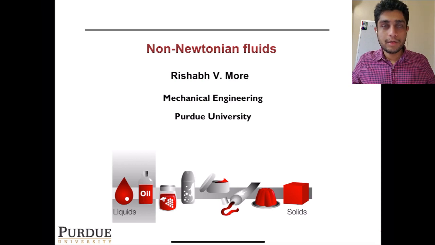But as soon as you apply enough stress on the tube, it comes out of the tube and flows like a liquid. So this behavior is somewhere between a solid and a liquid, and there are ways to mathematically model this behavior, and that's what we'll be learning about in this lecture.